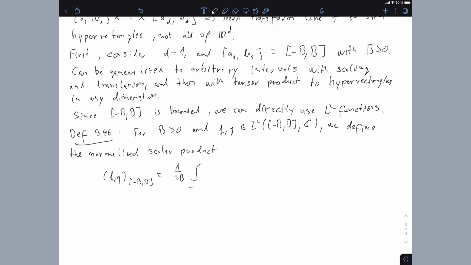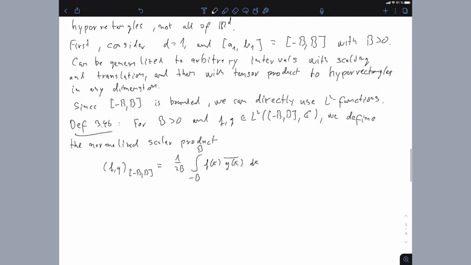It's pretty much like the scalar product on L2. The only difference is the scaling factor, that I'm here normalizing by the length of my interval, minus b to b. It just changes the scaling. And now we will see why I use this scaling.